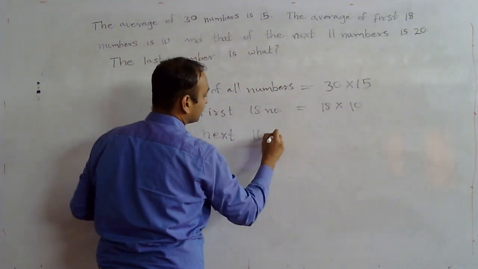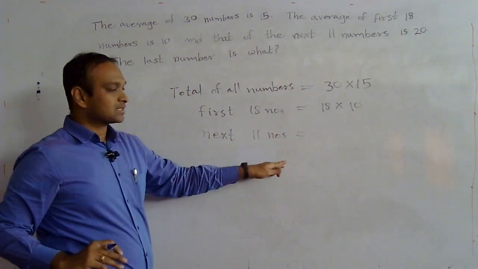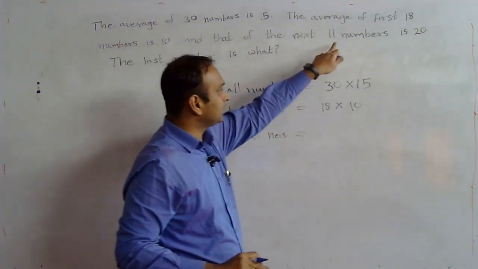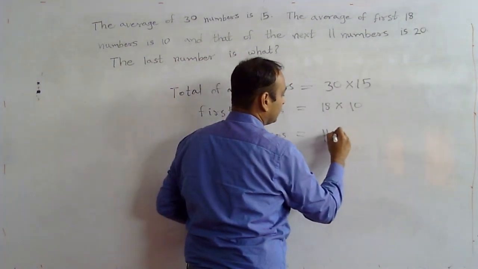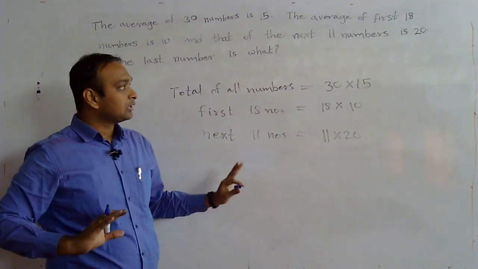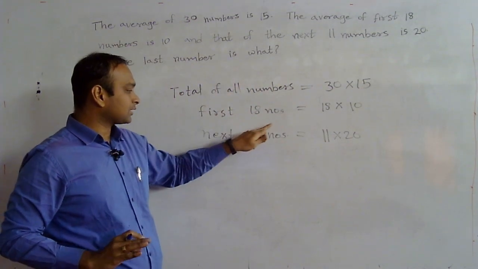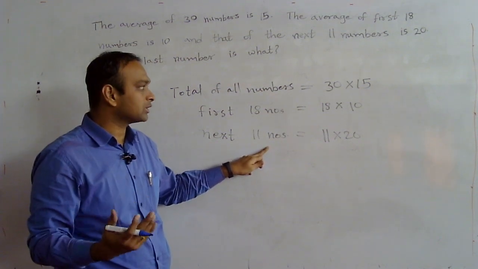Here we have the total of the next 11 numbers. That will be 11 numbers into average 20, 11 into 20. So this way we can calculate. Now the first 18 numbers are there, the next 11 numbers are there, and the last remaining is the number 30.